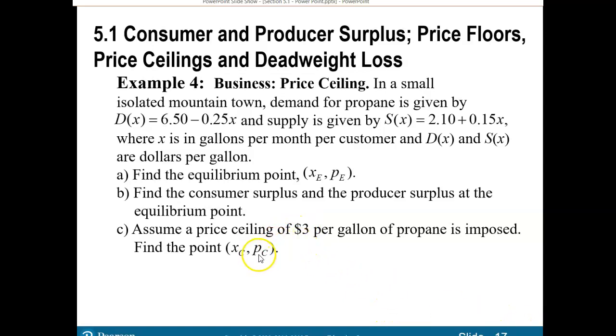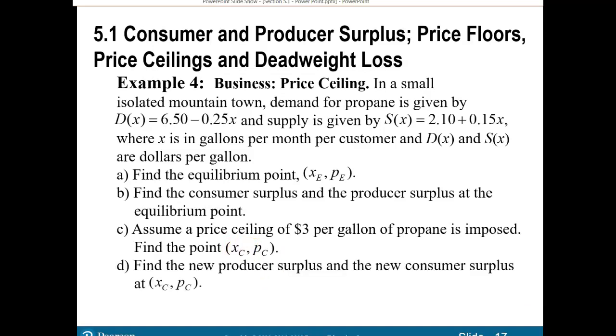So this $3 is the P sub C, right? And they're asking us to find the x. Then once we've done that, we're going to find the new producer and consumer surplus at this point, using this point in our calculations instead of our equilibrium point, and then find the dead weight loss. Okay, this one is long.